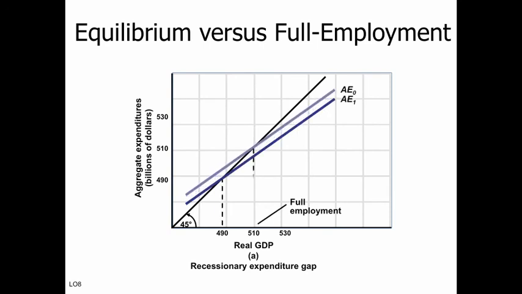It would shift up the spending line by $5 billion, and that would increase GDP by 4 times that amount. So we'd move from our current equilibrium to the new one, which is exactly where we want to be. So the increase of G of $5 billion would get us out of this recessionary gap situation.